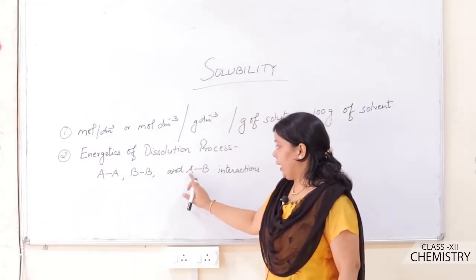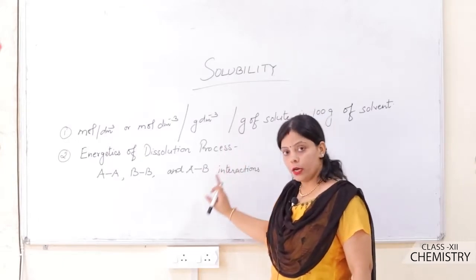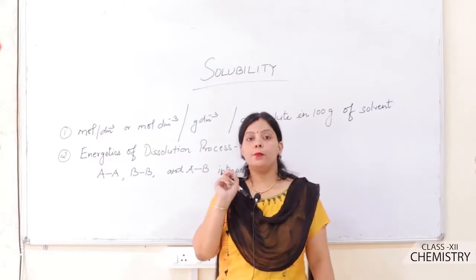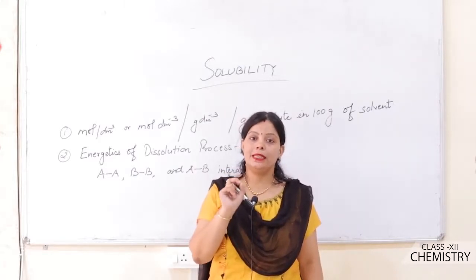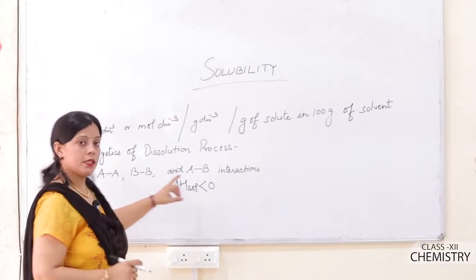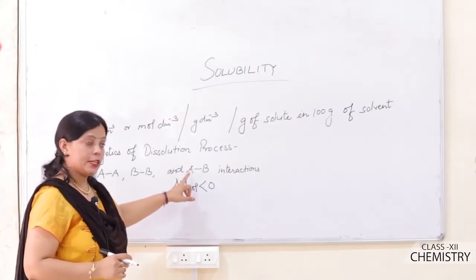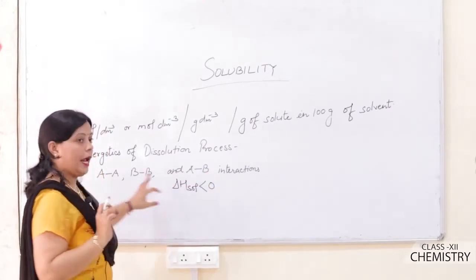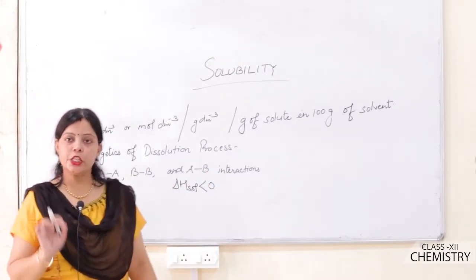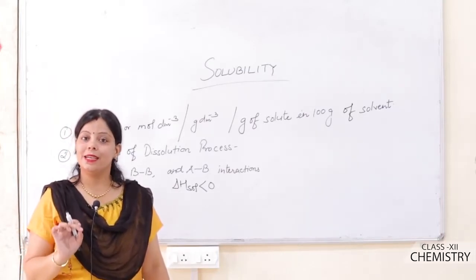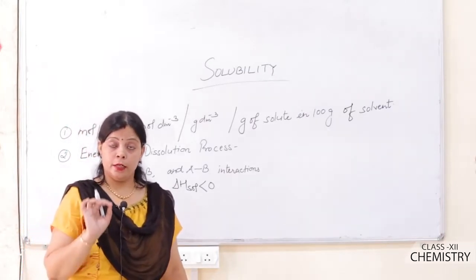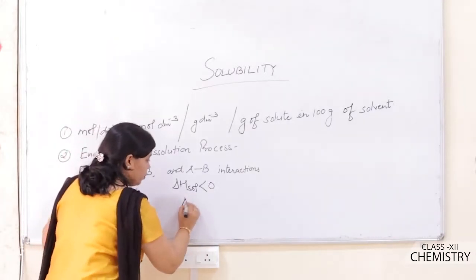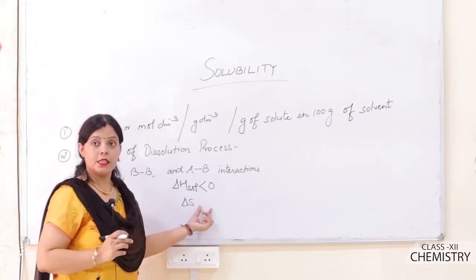Again, when AB interaction is stronger than AA and BB interaction, that particular solute is soluble in that solvent. Then our next condition is when the AB interaction is a little weaker than AA and BB interaction. In this condition, energetically the dissolution process does not exist, but it exists if the delta S value has a larger positive value.